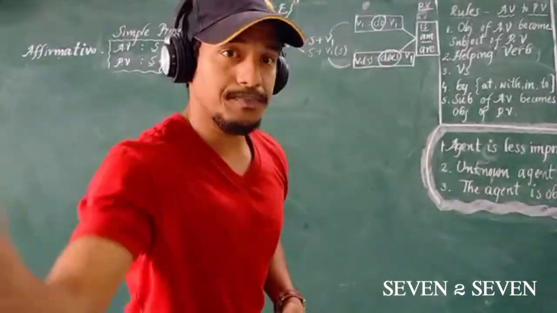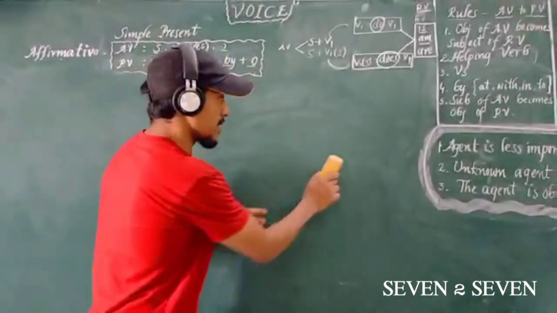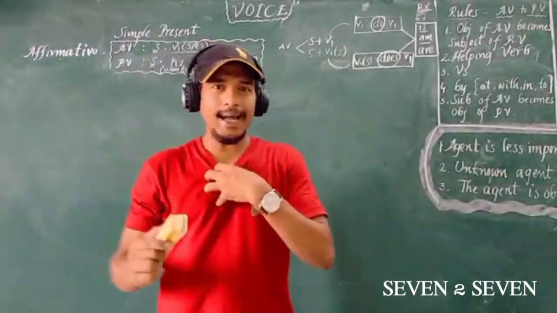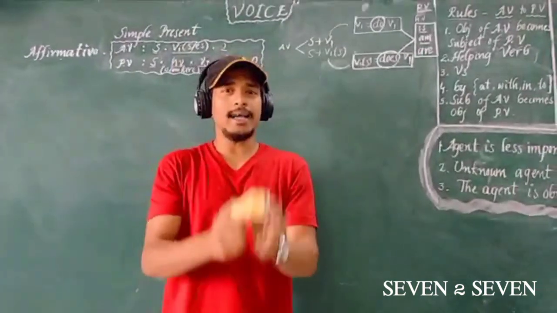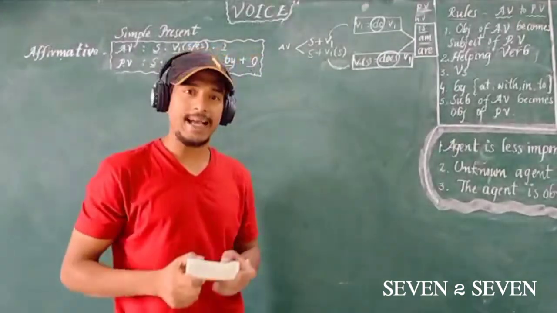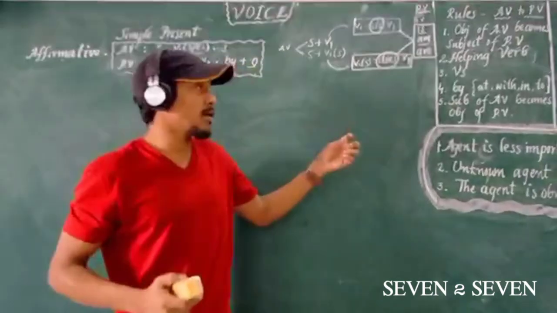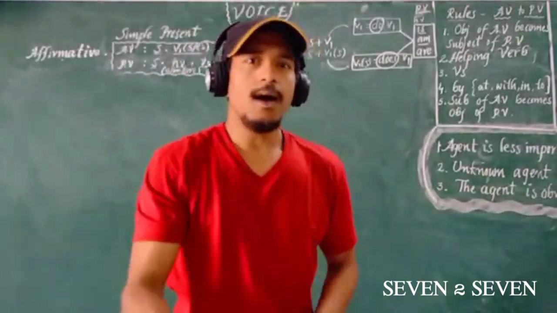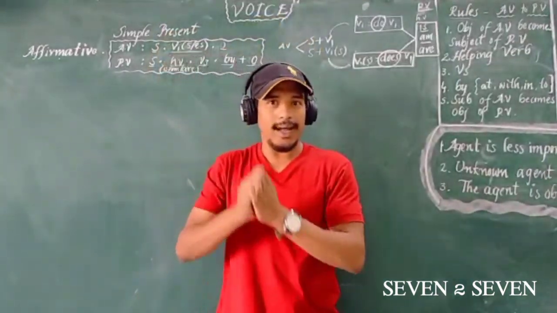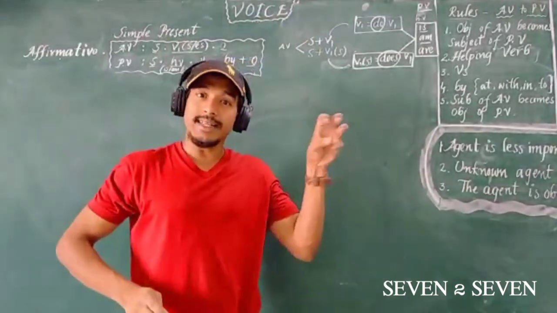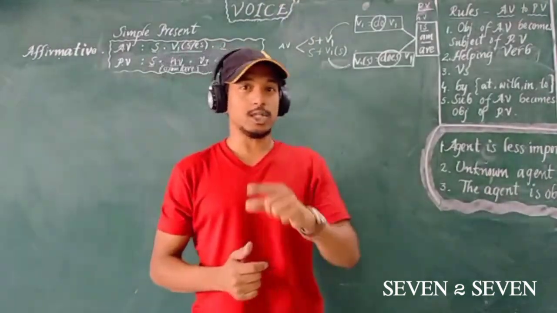For example, I rub the board. Here I is the subject, the agent, rub is the action. If I rub, what is rubbed? The board. So as long as there is a doer, the agent of action, there is a receiver.